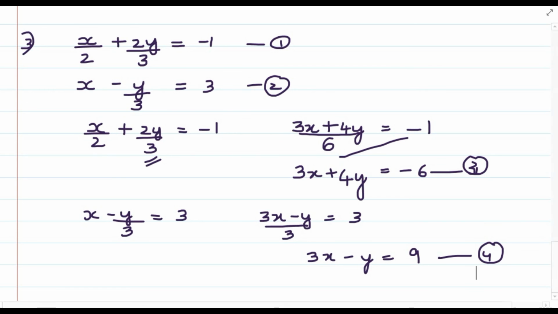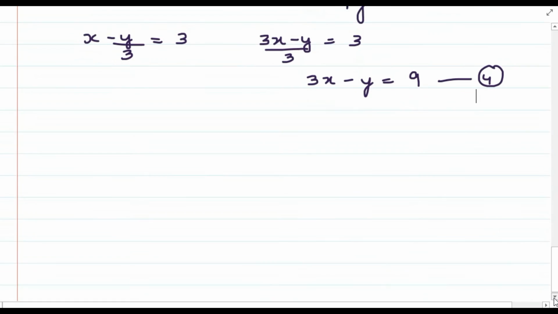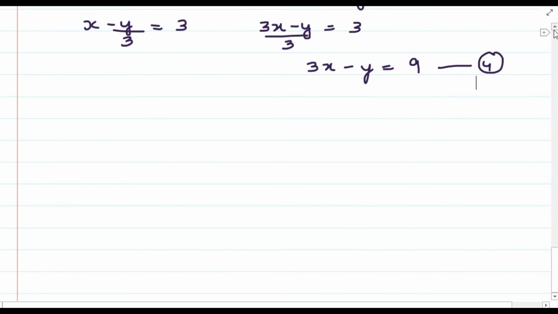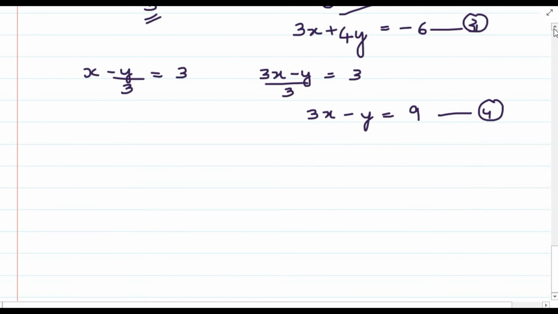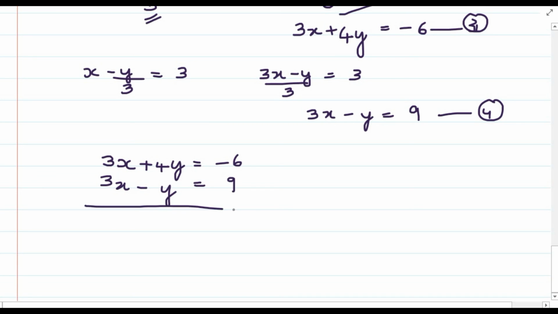Now you need to solve 3 and 4. The third equation is 3x plus 4y equal to minus 6 and 3x minus y equal to 9. It is very easy since the coefficients are the same.